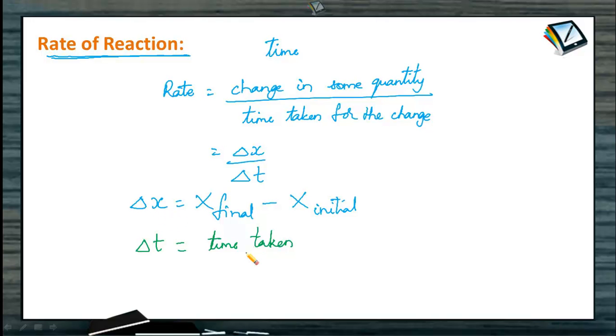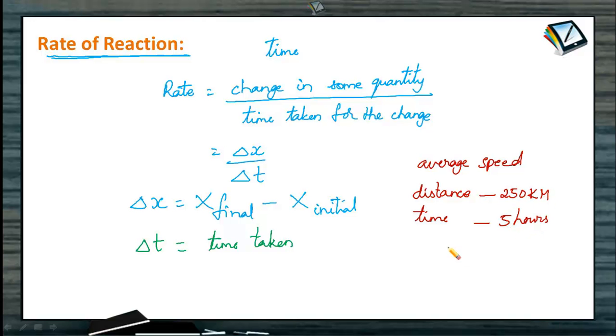Let me give an example to make it more clear. In order to calculate the average speed of a car, what we need to do? First we need to find out the distance covered by the car in a given time, isn't it? Suppose a car covers a distance of 250 kilometers in 5 hours, how will you get the average speed?